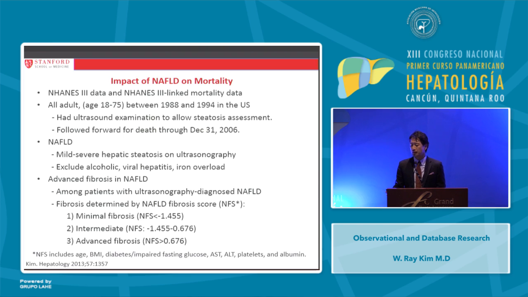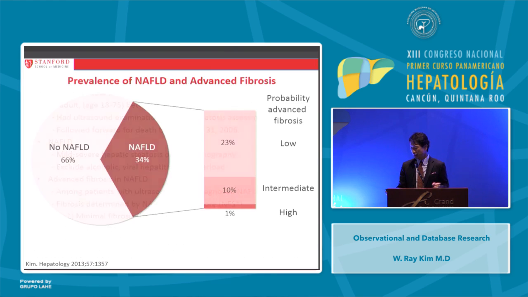And then we used a non-invasive indicator of fibrosis called NFS, the NAFLD Fibrosis Score, and scored people as having minimal chance of advanced fibrosis, intermediate, and high chance of having advanced fibrosis.